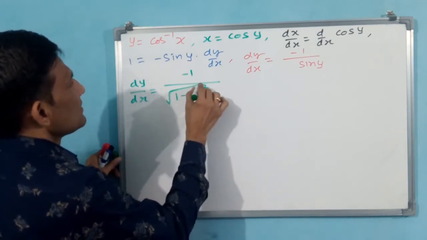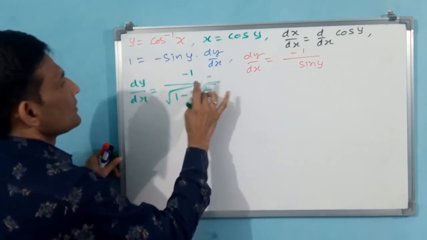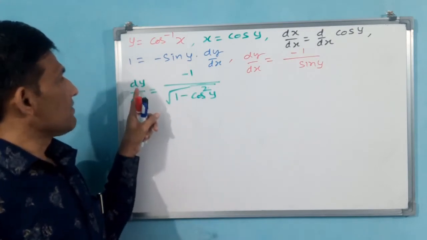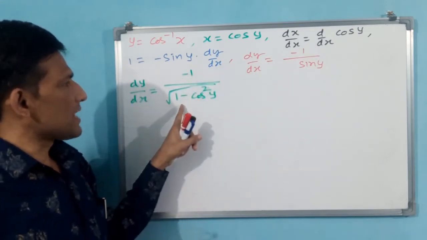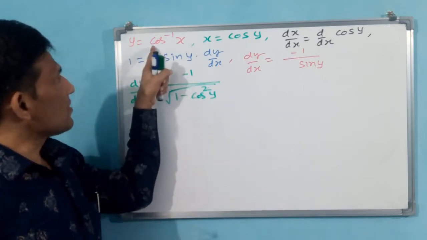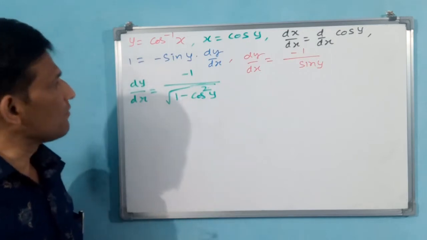Since y is cos inverse x, cos inverse and cos are going to get cancelled.